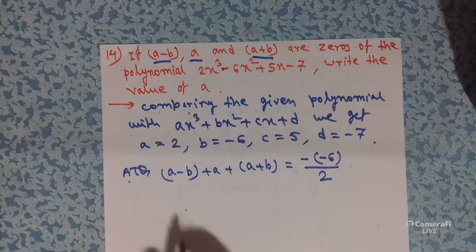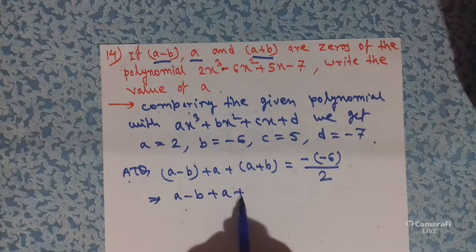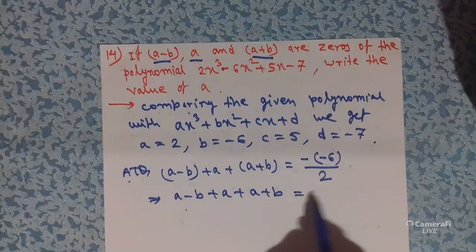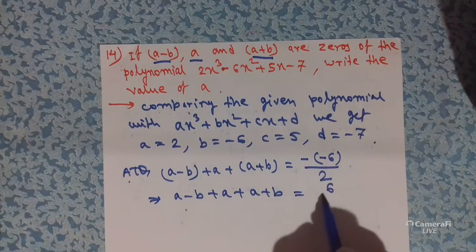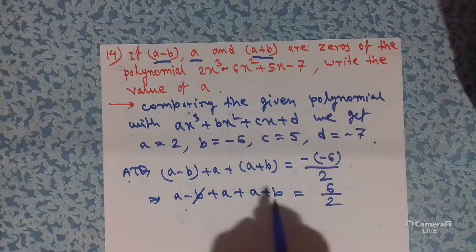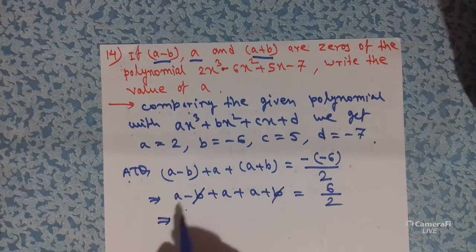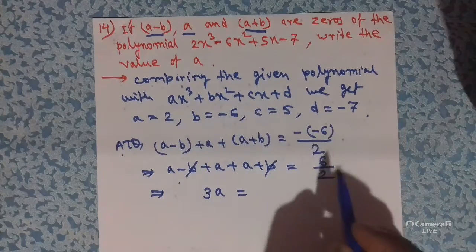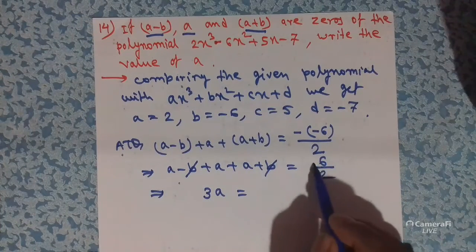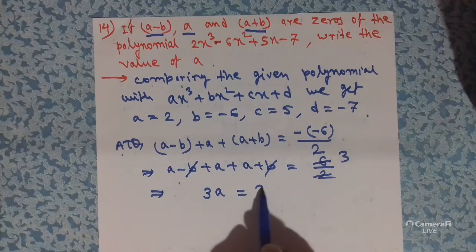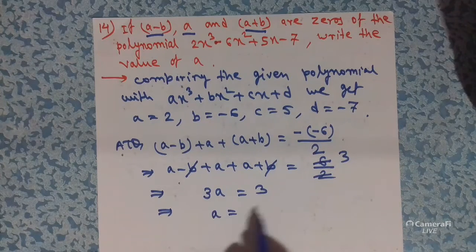Now remove the bracket, it will be a minus b plus a plus a plus b, and it is minus minus plus, so plus 6 by 2. So plus b minus b will be 0, so a plus a plus a is equals to 3a, and if we divide both the numerator and denominator by 2, it will be 3, so this implies a is equals to 3 by 3, so 1. So therefore the value of a is 1.